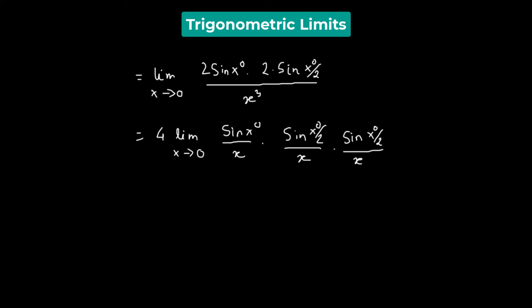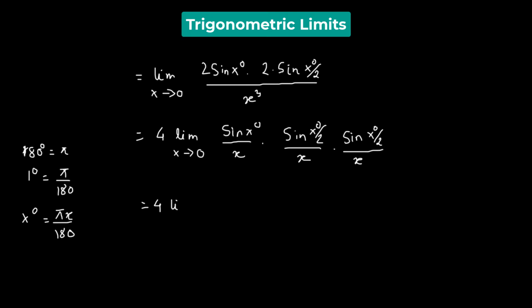So we know that 180 degrees is equal to pi radian. So that means 1 degree will be pi over 180, and that means x degrees will be pi x over 180. So we're going to replace x degree by pi x over 180.